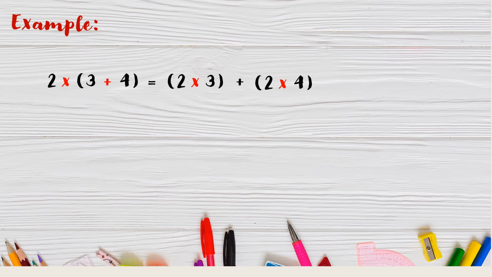The quantity of 3 plus 4 is equal to 7 times 2. 2 times 7 is equal to 14. On the other side, the quantity of 2 times 3 is equal to 6, plus the quantity of 2 times 4 is equal to 8. 6 plus 8 is equal to 14. Therefore, both expressions are equal.